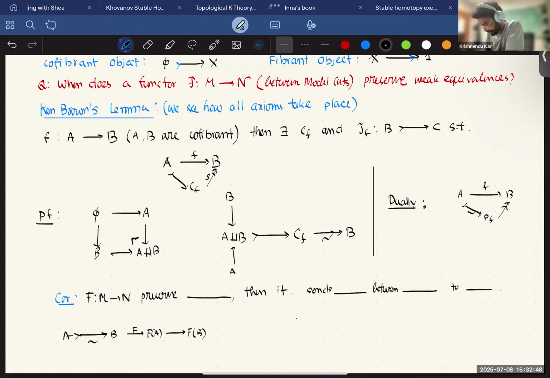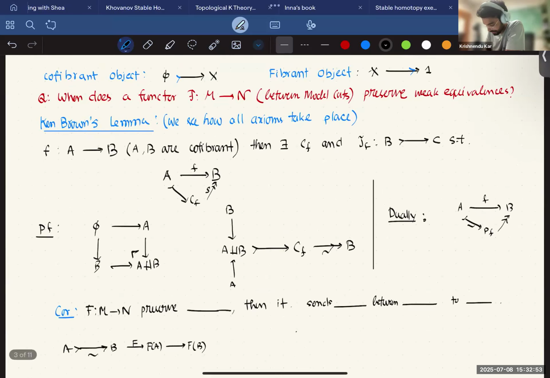Then there exists an object C_F, and there exists a map J_F from B to C_F, such that this map is a trivial cofibration, such that it fits into this diagram, making this diagram commute. Is the proposition clear? Then I will come to the proof. Is the proposition clear here?